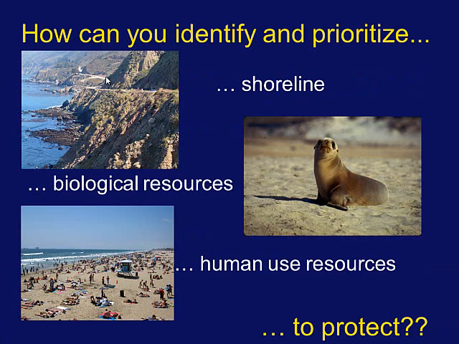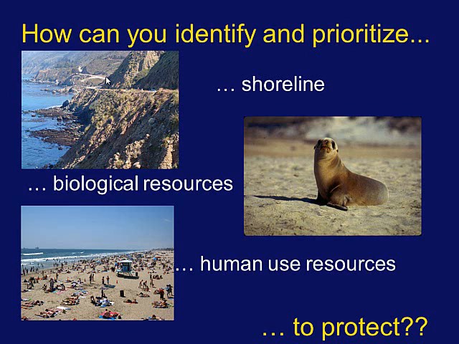So we always get this question: how can you identify and prioritize shorelines, biological resources, human use resources to protect? Because when we look at our environment around us, we've got a huge amount of things that we need to try to prioritize. And people have different viewpoints on what's important to them, right?